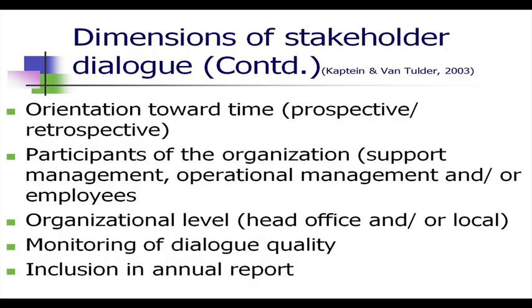Because there has to be somebody chairing the dialogue. Somebody has to say, okay, this is what we had decided to discuss. This is what we had decided we will not discuss. Okay. And do you plan to include it in the annual report? If yes, then you have to be very careful of how you record the proceedings of the stakeholder dialogue.